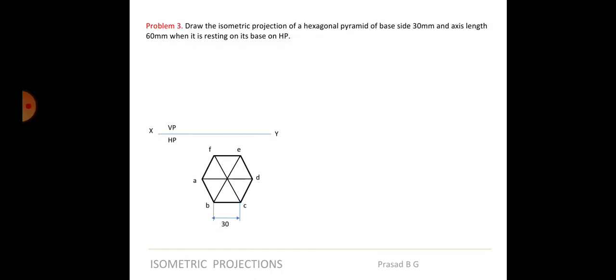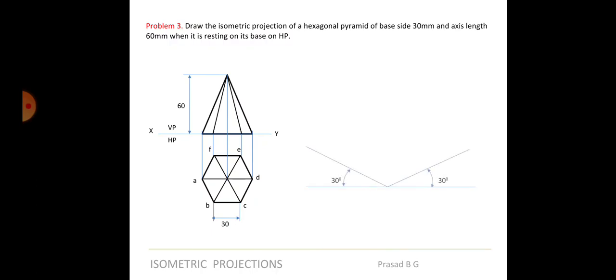You have to connect it from all the corners, from the corner A, B, C, D, E and F. So you will get the center point, that is O and O1. From the center you will have to project it to the XY line, and the height of the axis is given, that is 60 mm. Okay, height of the axis is given 60 mm. It's a pyramid, remember. So you will have to join from that point to the corners.